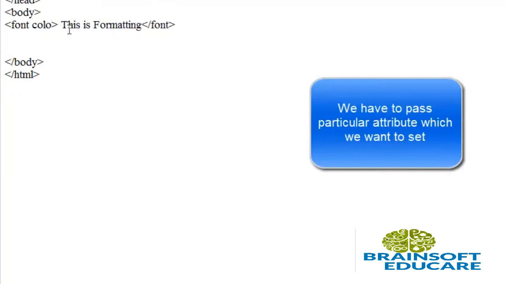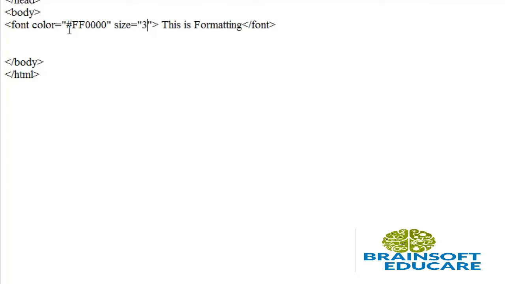For example, if I want to set color, then I have to pass color as the attribute and a value for it. I want to set the color as red, so I am giving this input. I can also give size in the font tag. I want to give size equal to 3. We can give size in the font tag from 1 to 7.